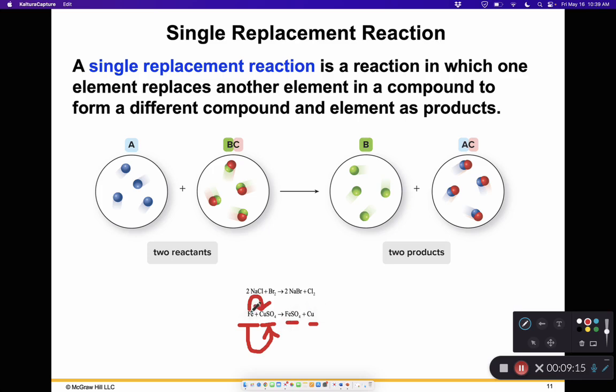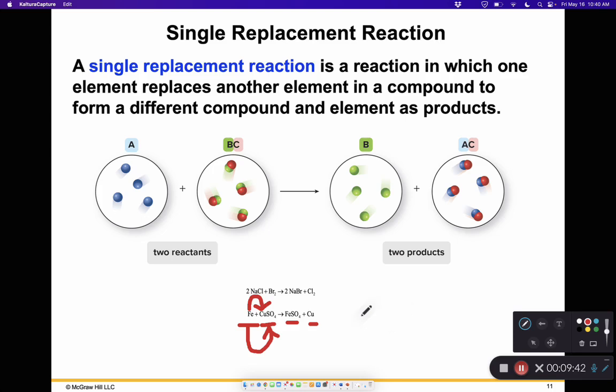Iron can replace copper because both of them have a tendency of making the cation. Both are metals, right? A metal can replace another metal and form the compound. It does not replace otherwise. I don't see any other way of replacing it. Do not make the wrong combination.